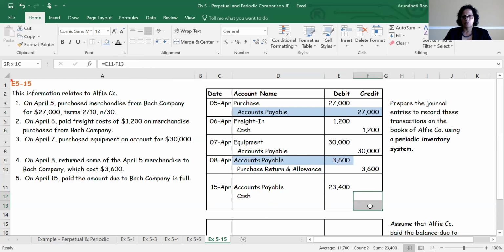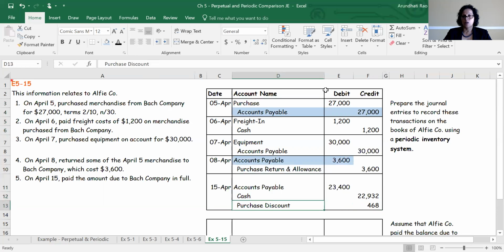I get a 2% discount off the amount that I owed. 98% is what I actually paid. So this 2% discount, what account should I credit? Again, I'm going to use a contra purchase account, and that's called purchase discount. So your purchases, less your purchase return and allowance, less your purchase discount gives you net purchase.